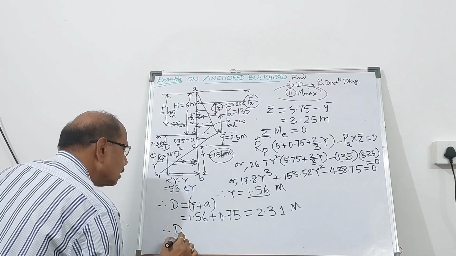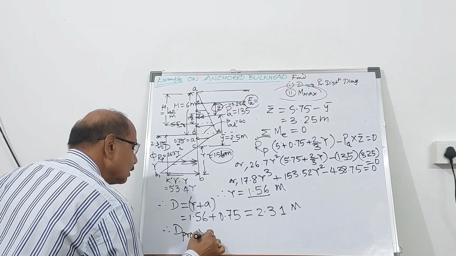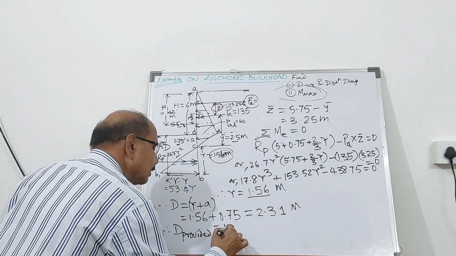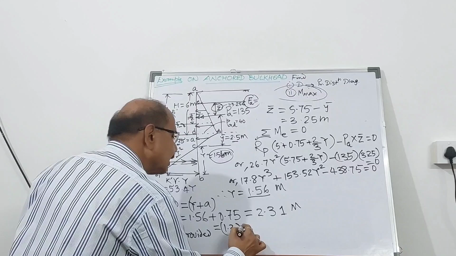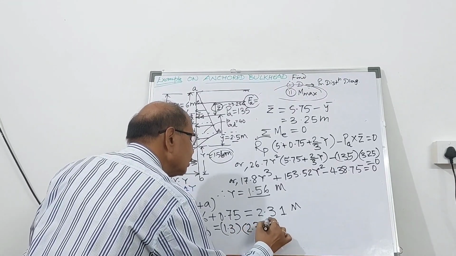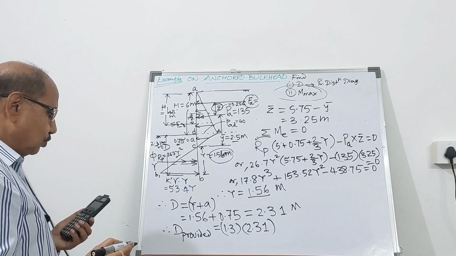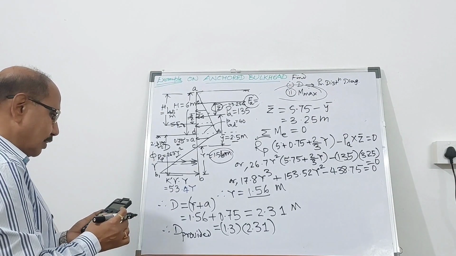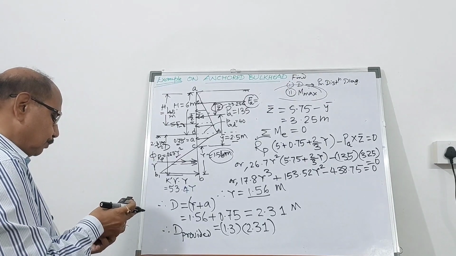Therefore, D provided is going to be 30 to 40% more than the D calculated, to get a factor of safety equal to 1.5 to 2. So 1.3 into 2.31. So let's calculate this.